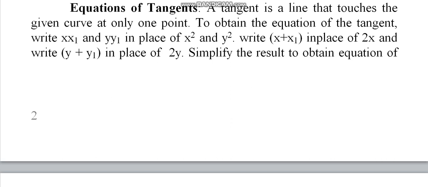Suppose you want to find the equation of the tangent for a circle x square plus y square is equal to 9, say at the point (3, 3). The point must lie on the curve.